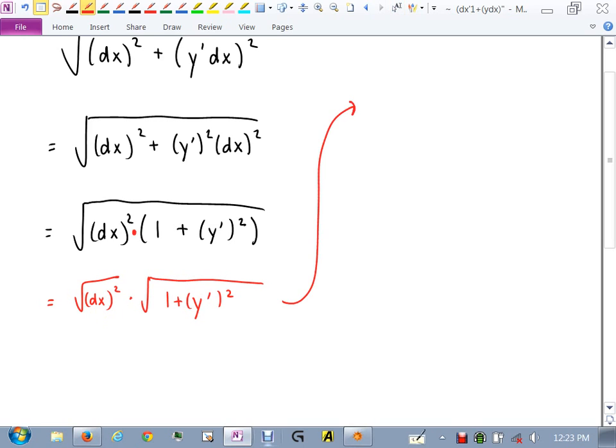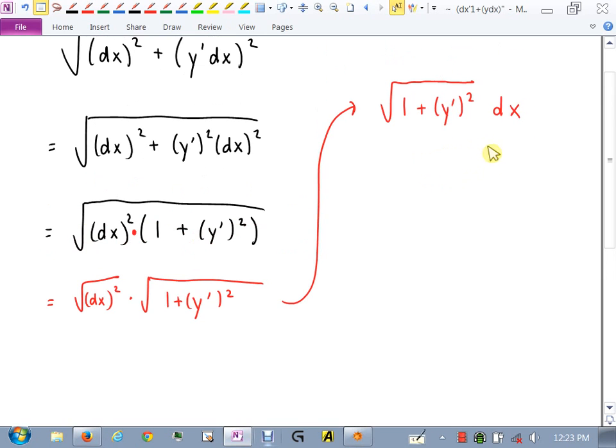I wanted that to happen so I'd know what I'm integrating with respect to. I'll put it on the outside here. That is my formula that I can use in my integral. That's that approximate length. Add them all up, integrate it.